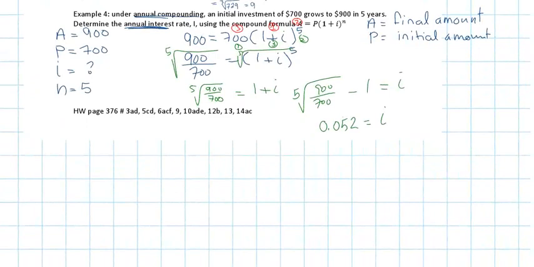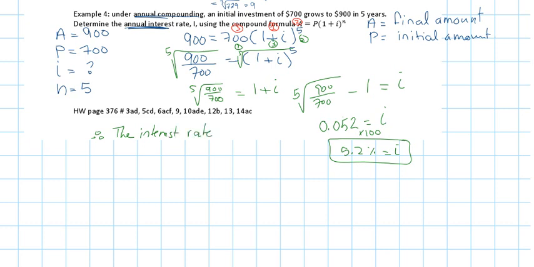Multiply by 100, right? So that's going to be 5.2%. Okay, therefore the interest rate is 5.2%.